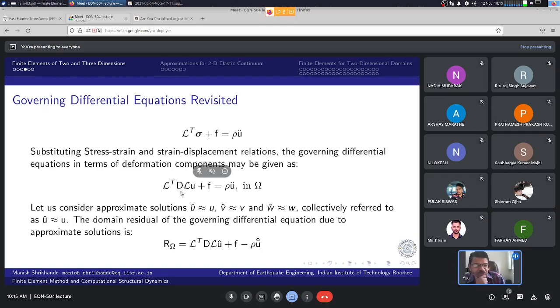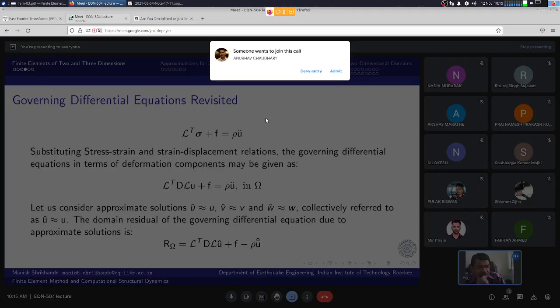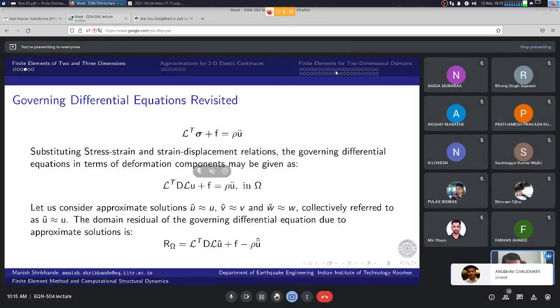So the objective is to find approximate solution for the displacements. Displacements along x, displacements along y, and displacement along z. In case of Cartesian frame of reference, we can have similar displacement deformation components in other frames of reference, for example, spherical coordinate system or cylindrical coordinate system. Doesn't matter.